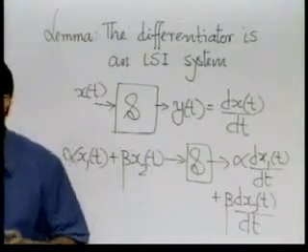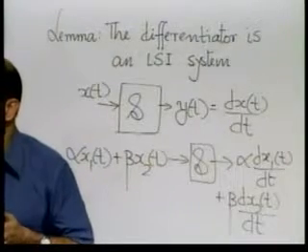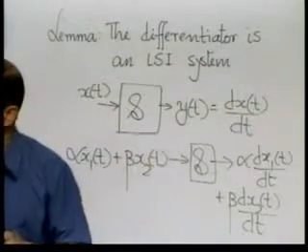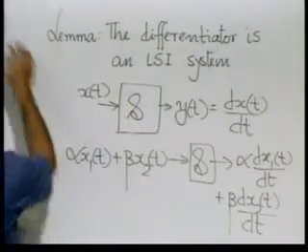Alright, so linearity is not a problem at all. In fact, neither really is shift invariance. It can be shown by the chain rule.